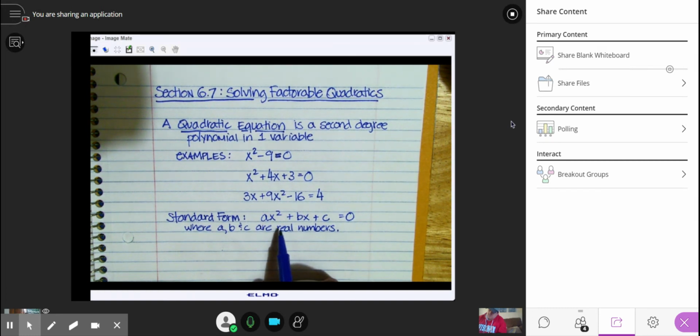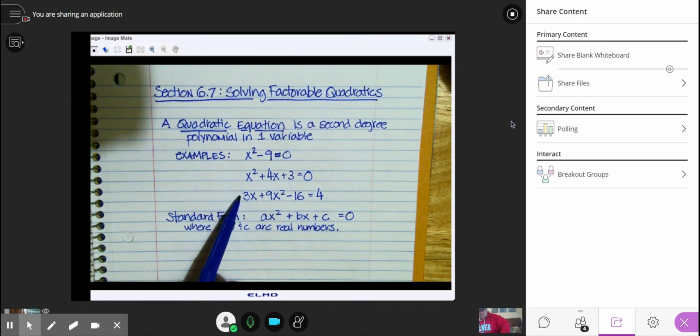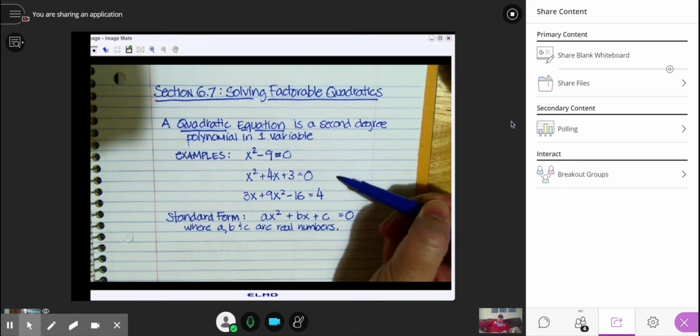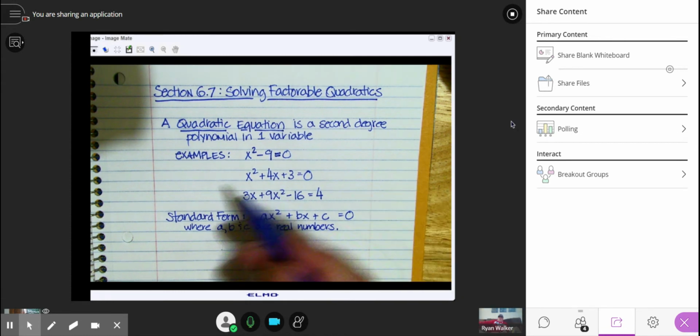Standard form is pretty straightforward. I just want to make sure we're all clear on what standard form looks like. Of the 3 examples I gave above, only one of them is not in standard form. Which one is not in standard form? Correct, Summer. The third one would not be standard form.